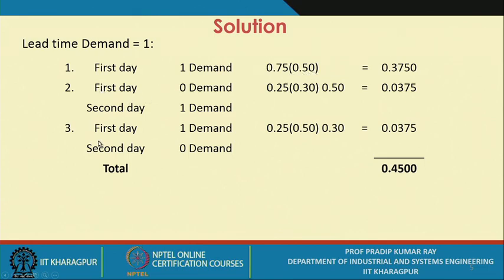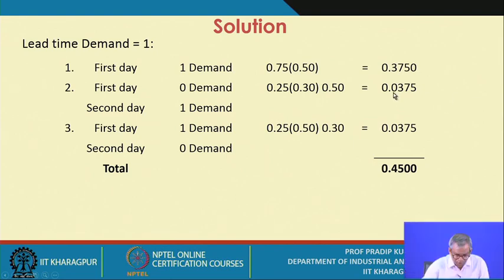Now the other 2 possibilities are first day 0 demand, second day 1 demand. So obviously 2 days lead time, the probability is 0.25. First day the demand is 0, probability is 0.30, and the second day it is 1, so this is 0.3 into 0.5.